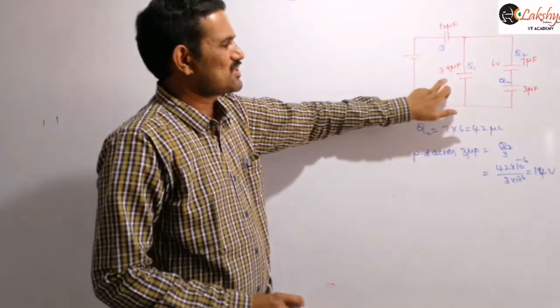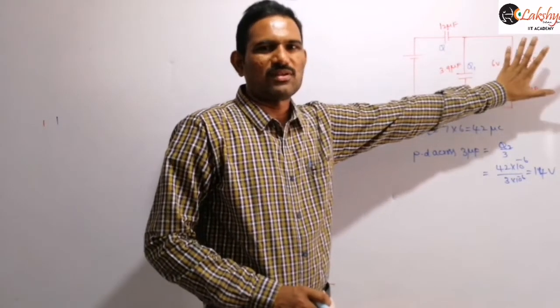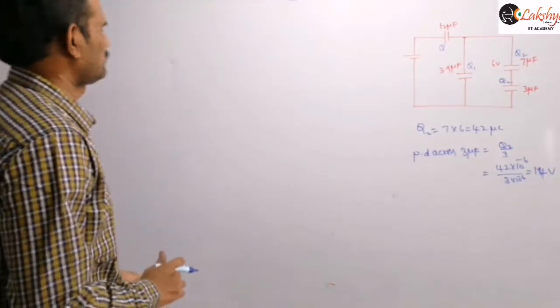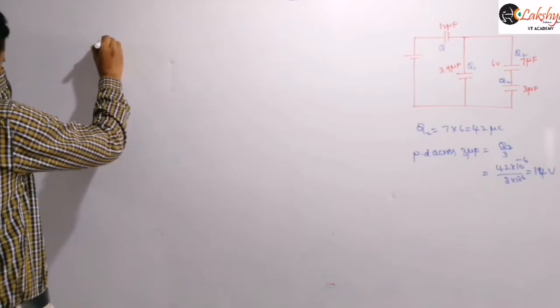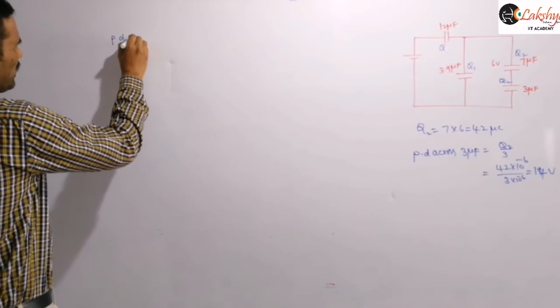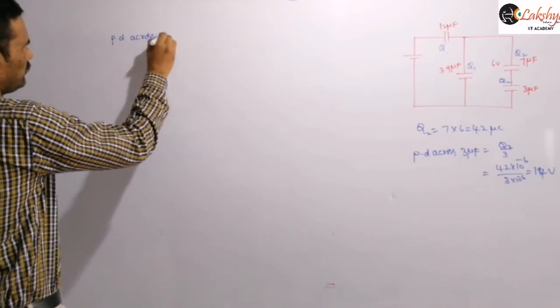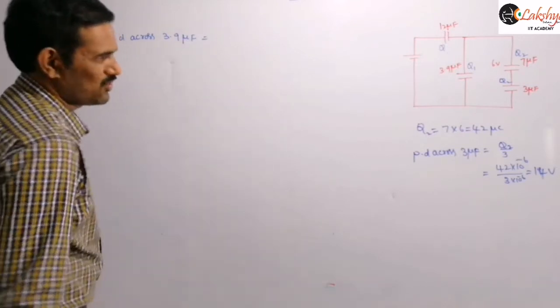So same 20 volts must be there here because this 3.9 combination is in parallel with this 7 and 3. So therefore what we can write is now, potential difference across 3.9 microfarad capacitor. Is it clear what I am saying?